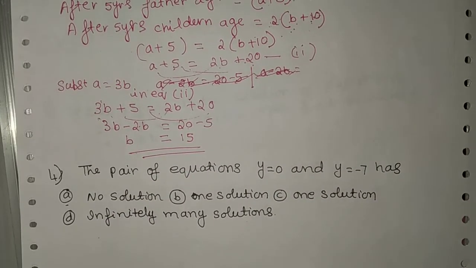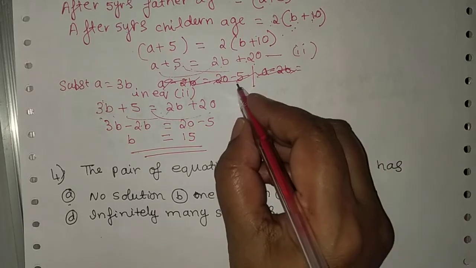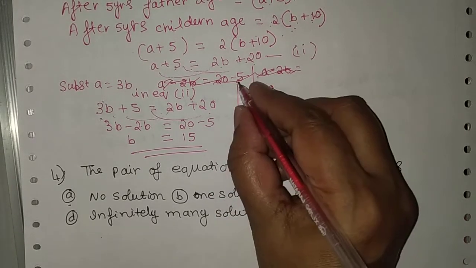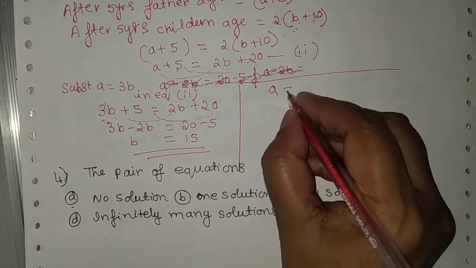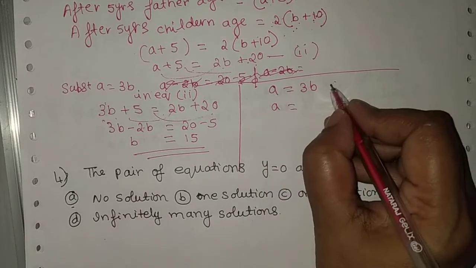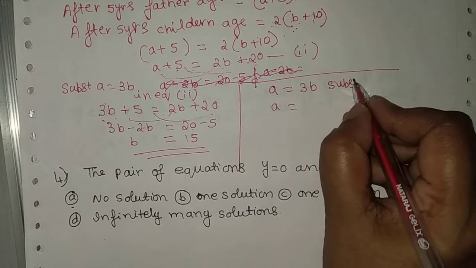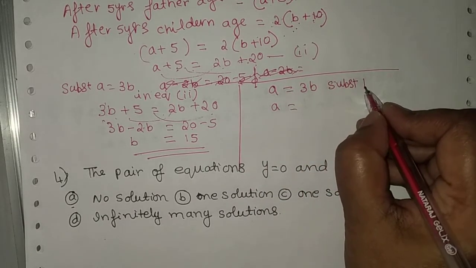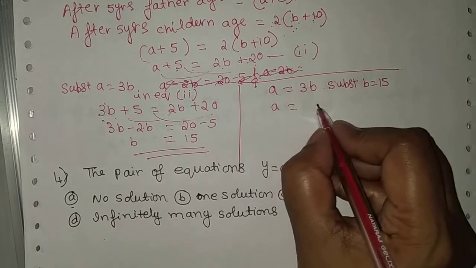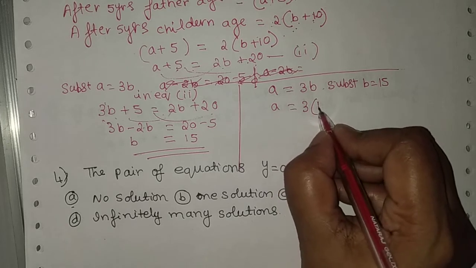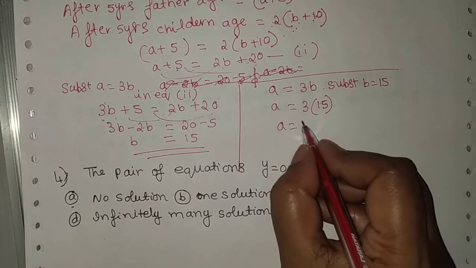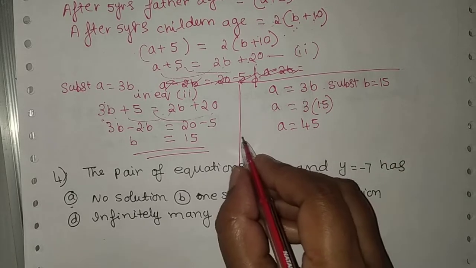So next step is, after this we have A is equal to 3B. Substitute B is equal to 15 here. So A is equal to 3 into 15, which will become 45.